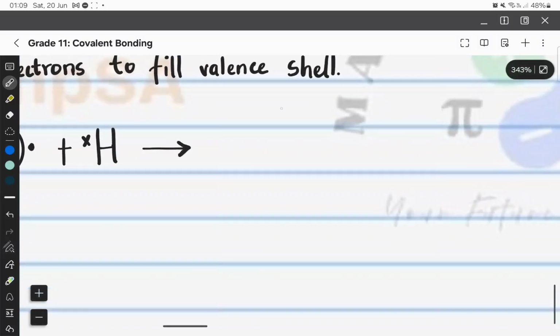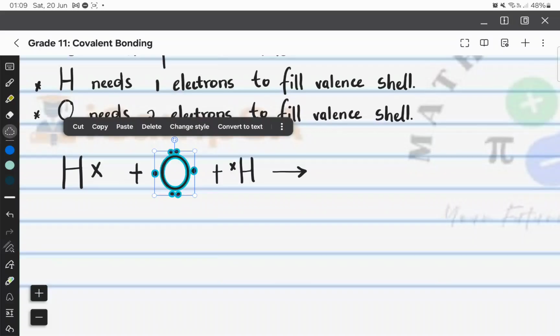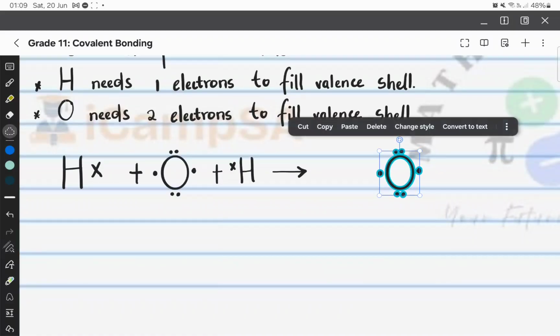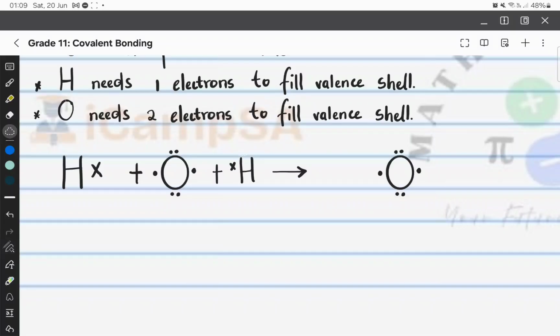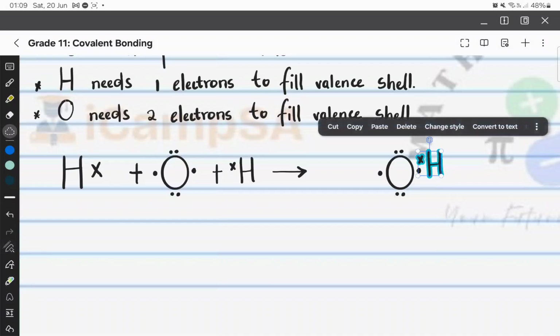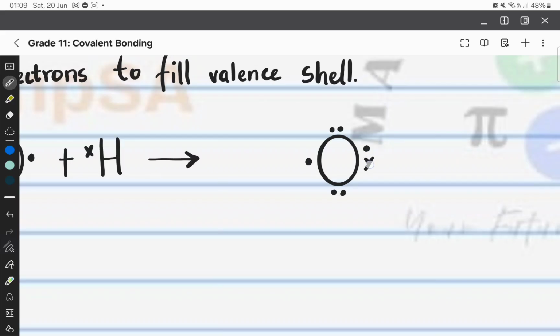Let's draw it properly. Our first hydrogen there, and our second hydrogen there.